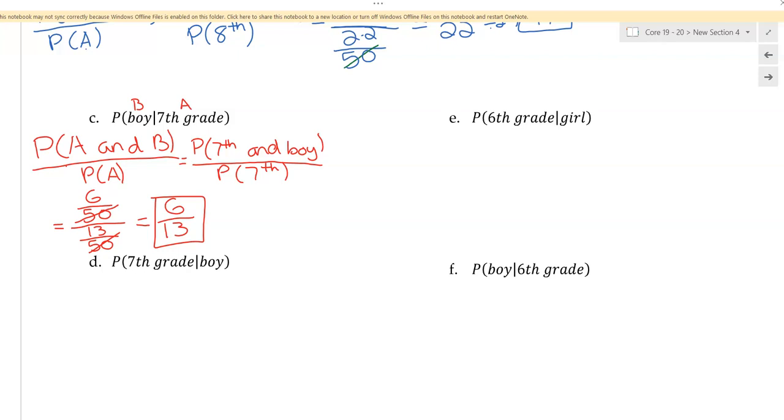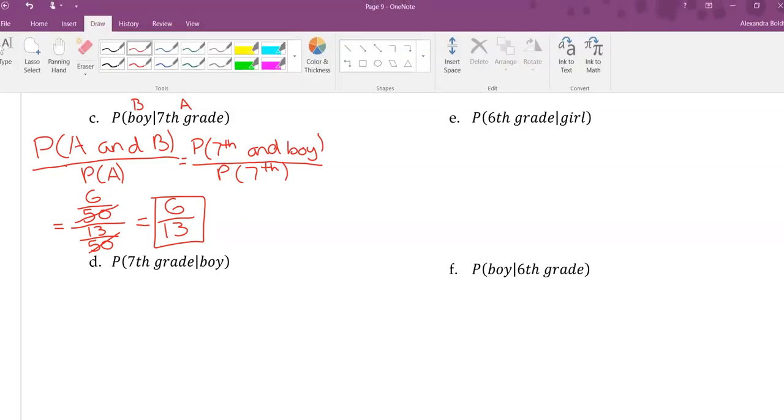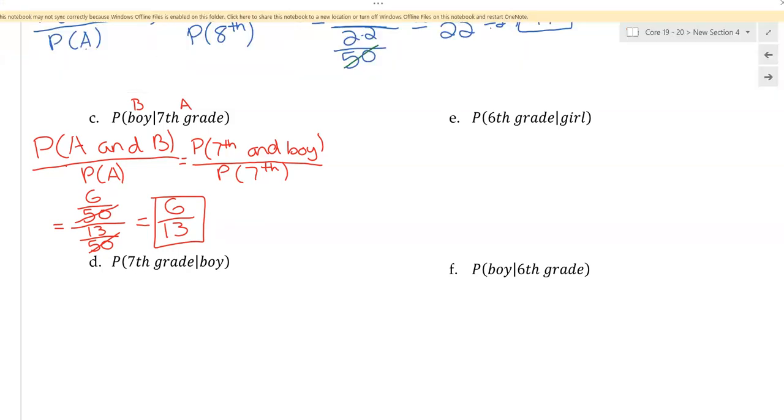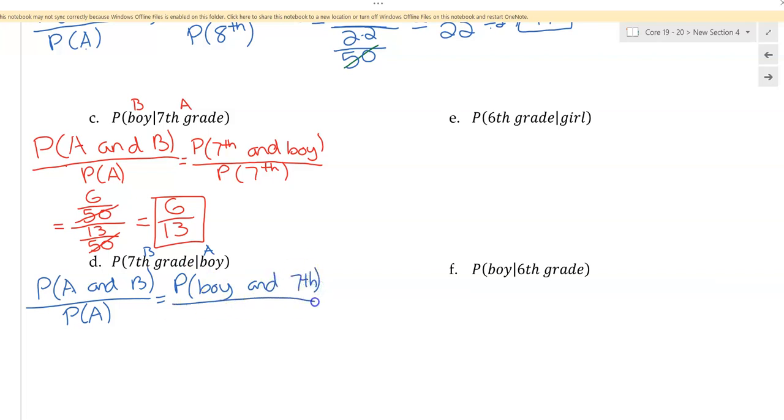Again, similar here with 7th grade given boy. But now, again, this is our B and this is our A. So again, our A and our B switched. So we're going to do the probability of A and B over the probability of A. Well, A is boy and 7th. Now I'm going to divide by the probability of A, and my A is boy.